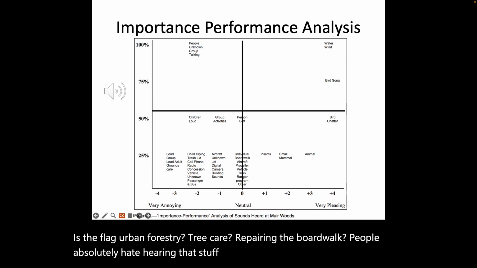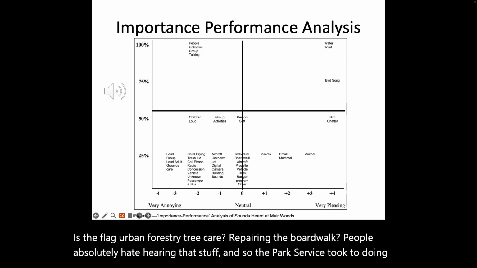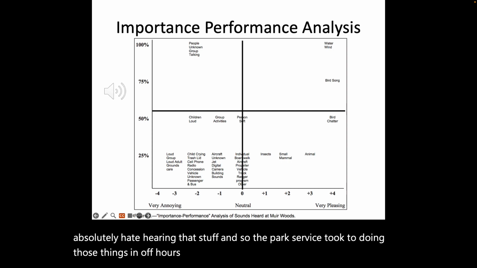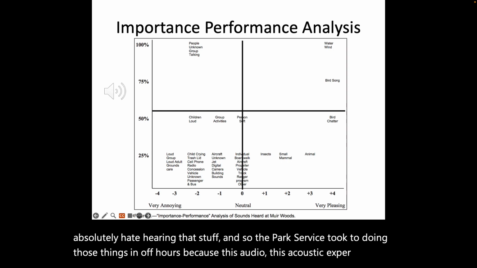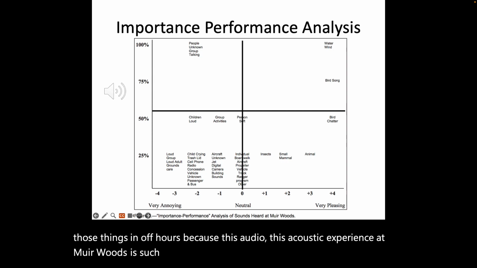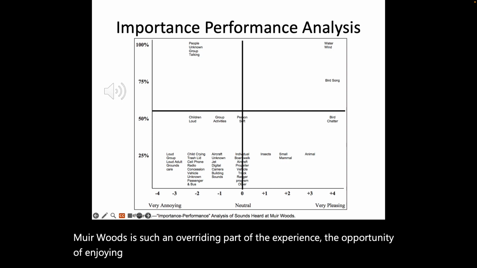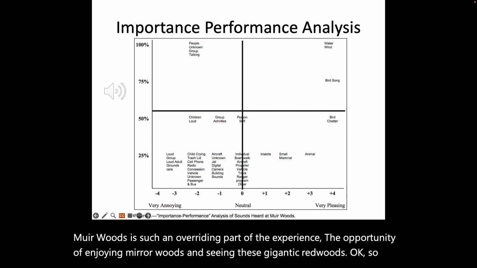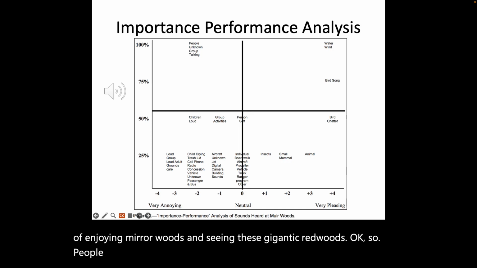And so the Park Service took to doing those things in off hours, because this acoustic experience at Muir Woods is such an overriding part of the experience, the opportunity of enjoying Muir Woods and seeing these gigantic redwoods.